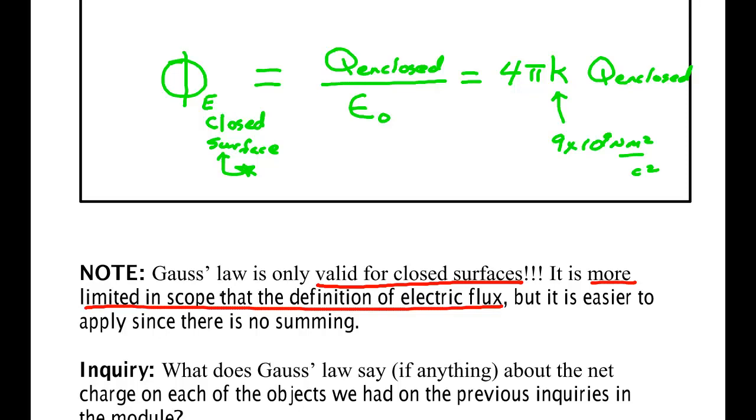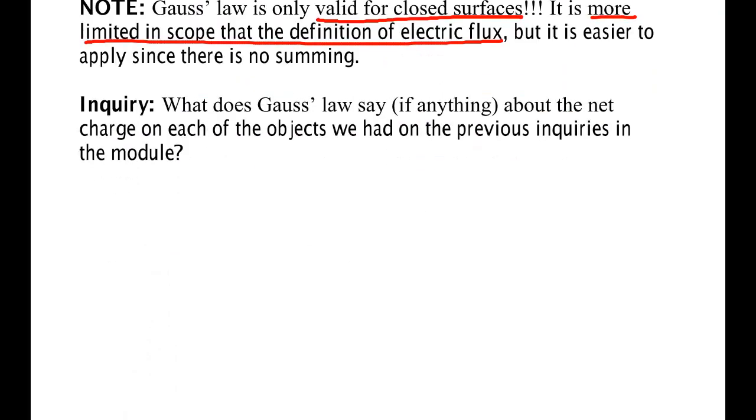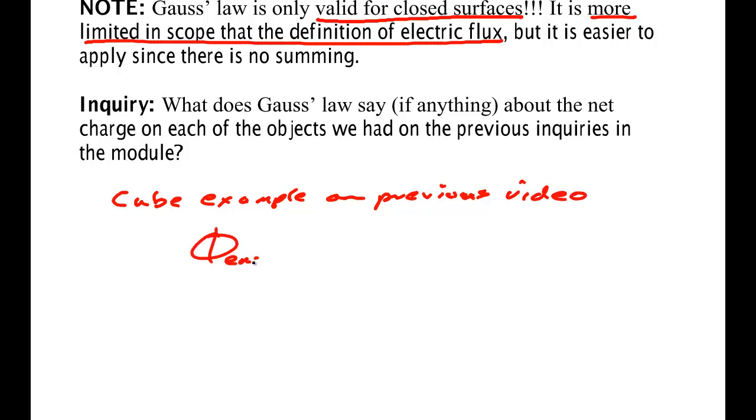So if I look at that, that actually tells me something about that cube. What does that say about that cube? Well, if you remember for our cube example in the previous video, the closed flux, not the electric field, the flux through the closed surface was 0.